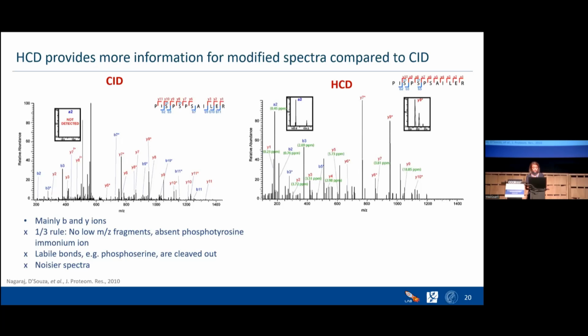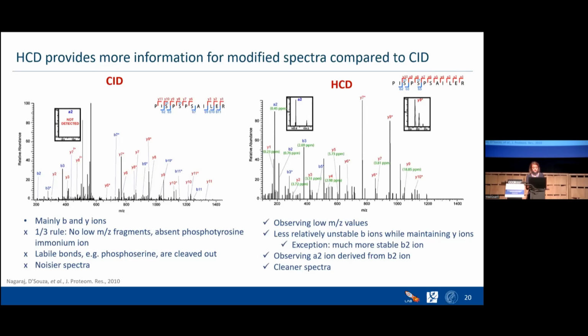But on the other hand, with HCD, we can study PTMs in a better way. If you look at the same peptide with a different fragmentation, HCD, we can observe the lower m/z.